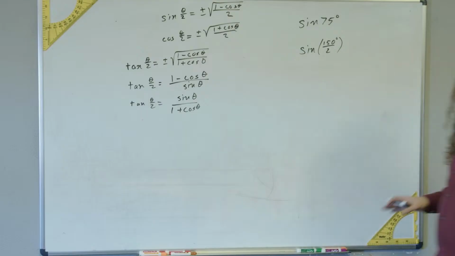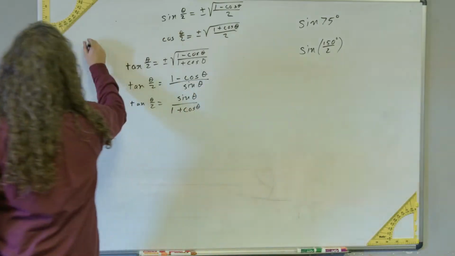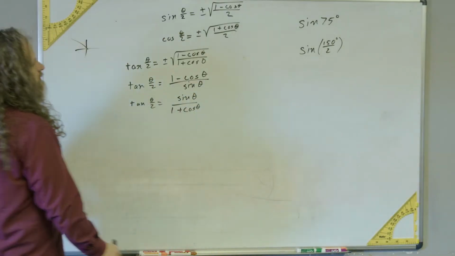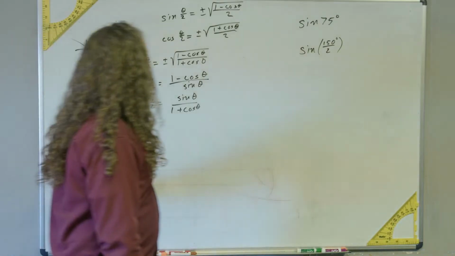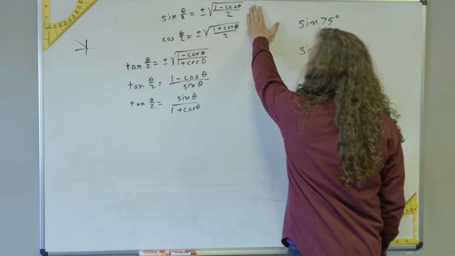True enough. That's great. 150 is over here, right? So it's going to be negative when it's sine and positive when it's cosine, right? No. What? It should be positive when it's sine and negative when it's cosine. You know what I meant. Okay. Anyway, now we can use an identity.